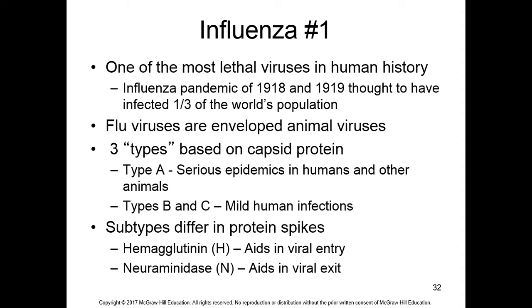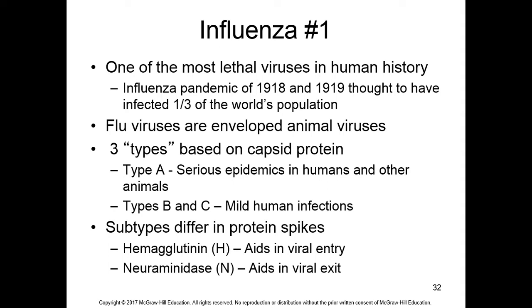They have lots of subtypes also that differ in protein spikes. Like we have GP120 in the case of the AIDS virus, in the case of the influenza virus we have two types of proteins present on the surface of the envelope. These are called hemagglutinin and neuraminidase, and these two antigens differ in their mode of action.